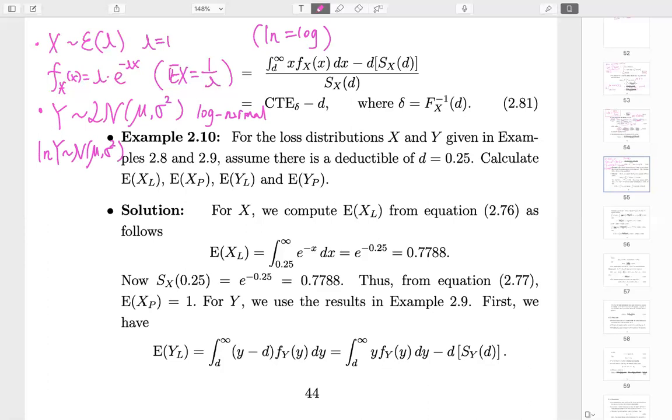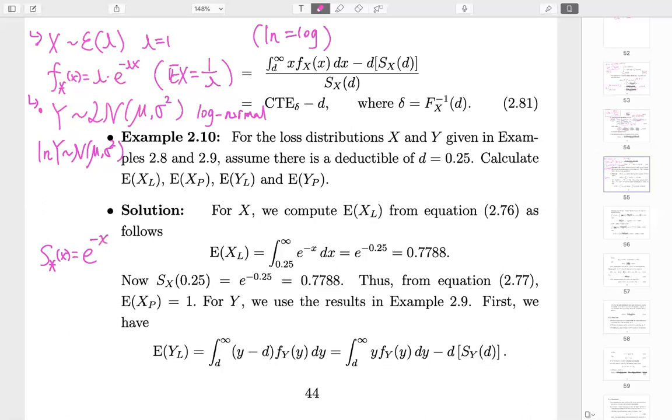So these are the two distributions we have. We want to study everything for these two, okay? Exponential is very easy because in order to calculate the expectation of XL, what we need is the survival function, right? And the survival function for exponential is simply exponential of negative lambda x.